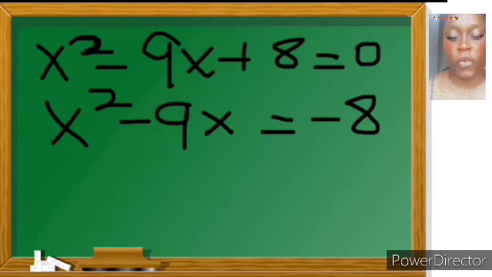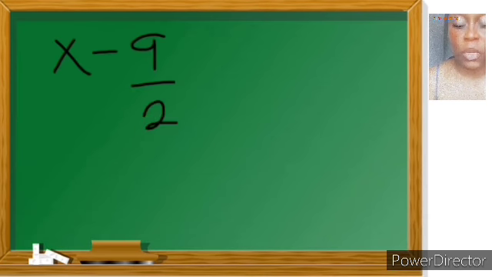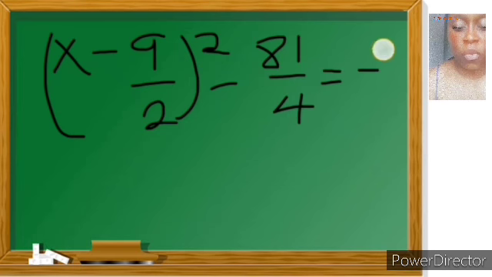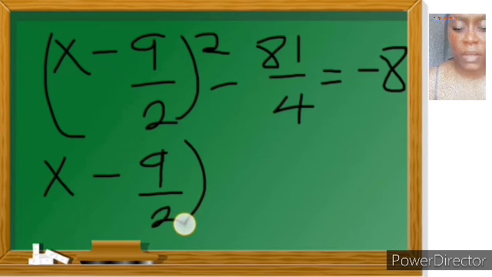And so for us to complete this square, we'll open a bracket and write x minus 9 over 2 in brackets squared. 9 over 2 because we're going to have half of the coefficient of x, which is 9. Then we'll subtract that half of the coefficient squared, which is 81 over 4. So if we move minus 81 over 4 to the other side, we will have 81 over 4 minus 8.